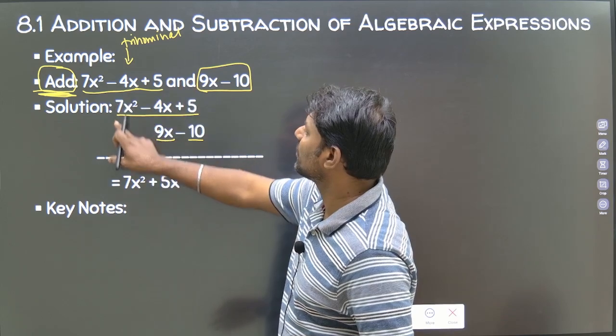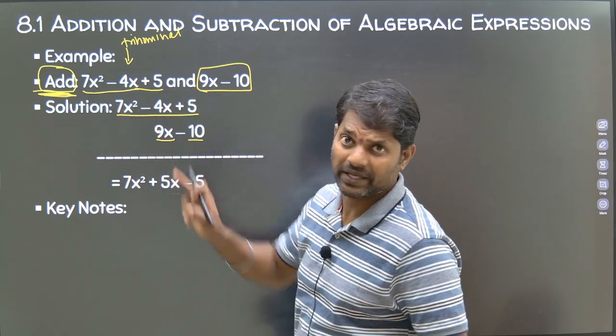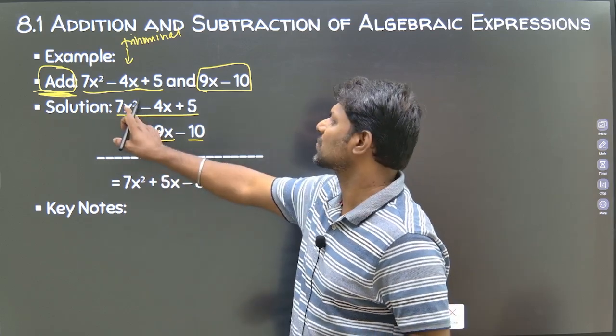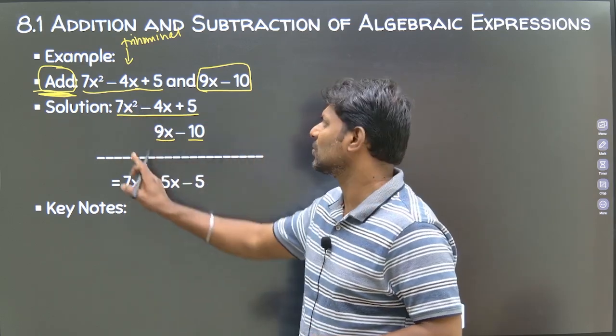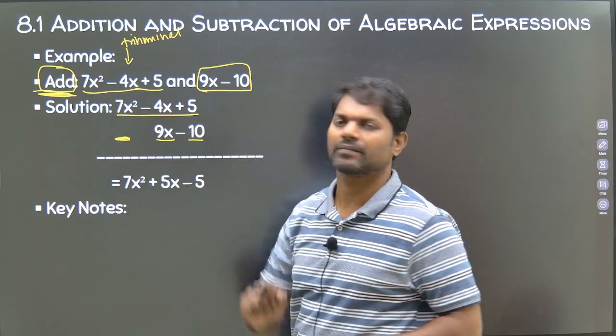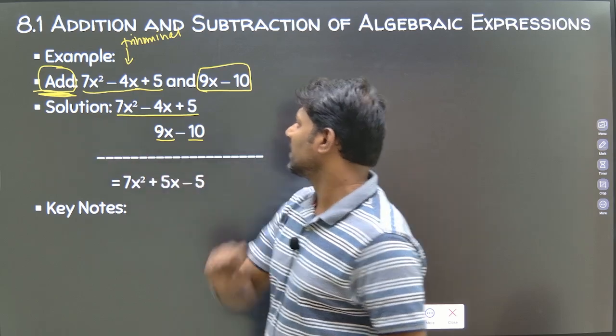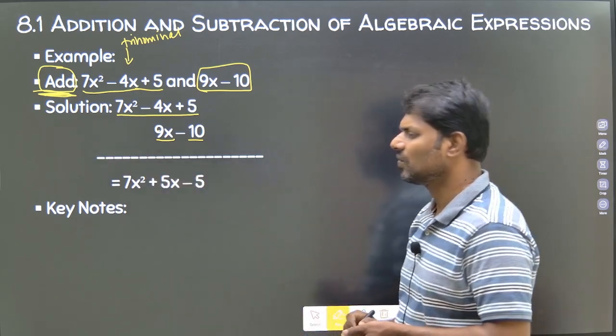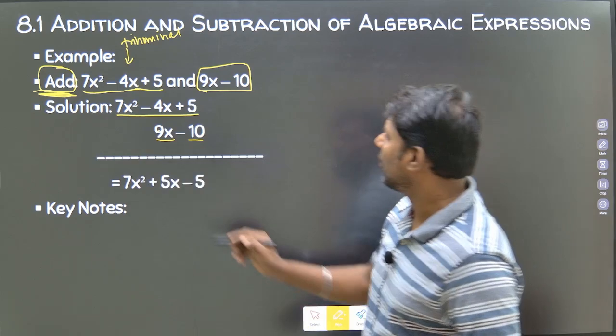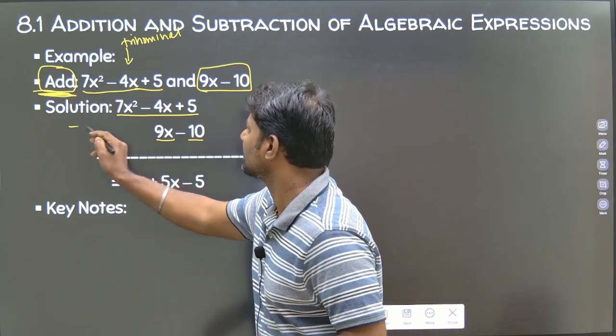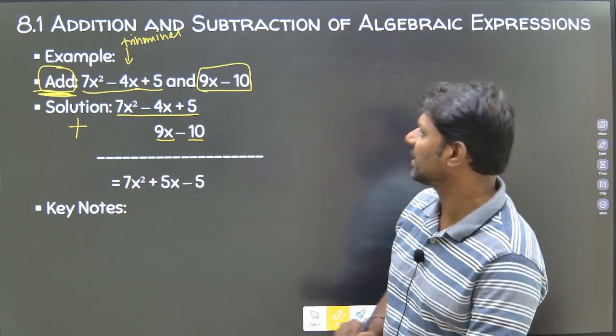There is no matching term for 7x square. So keep that 7x square as it is. Now we have to perform the operation. So addition operation we have to perform. Okay.